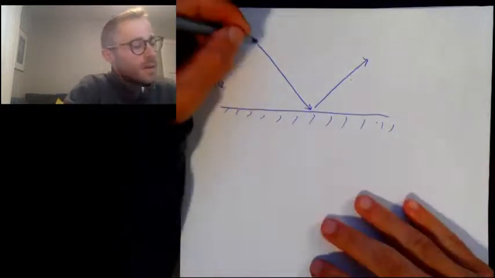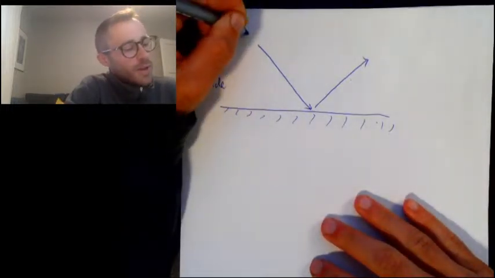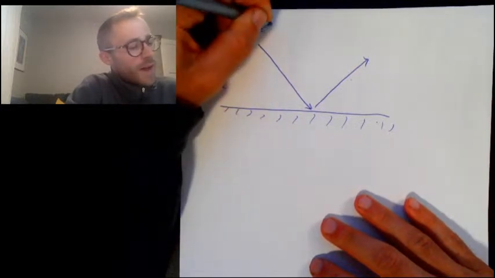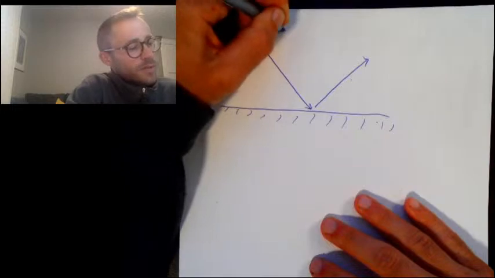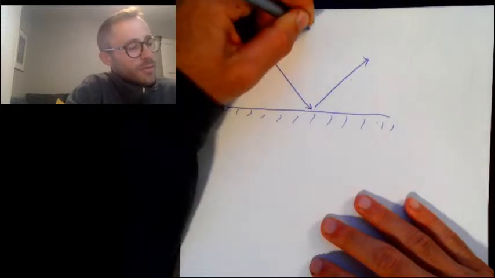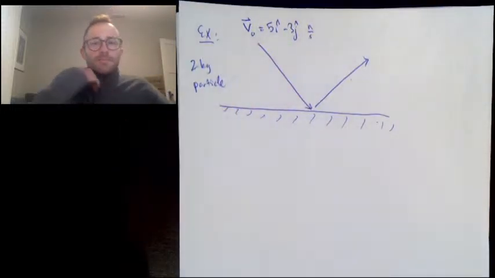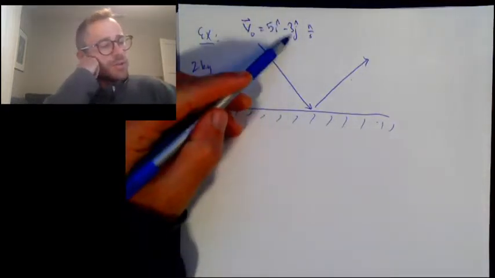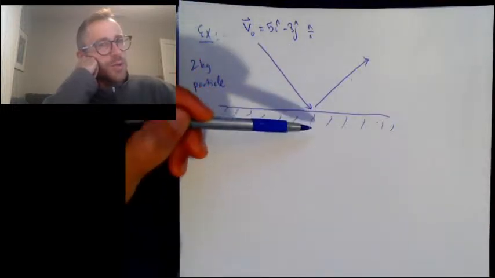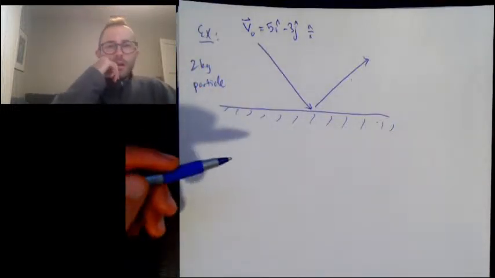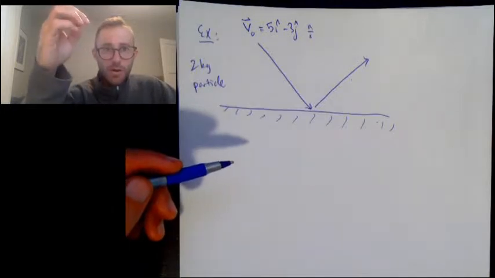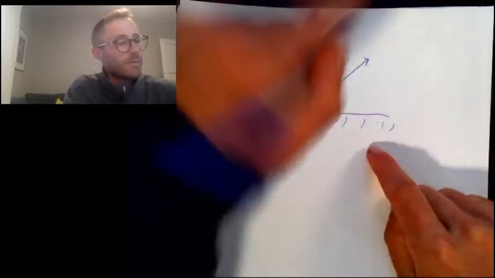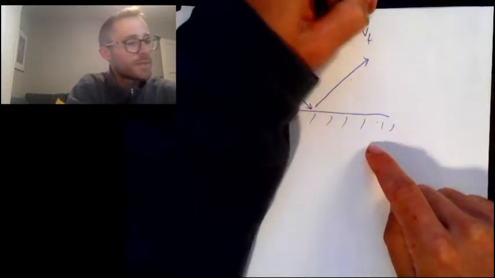The initial velocity of the particle is 5i minus 3j meters per second. So you can see that the j component is negative because it's going down to the wall. Now what's going to happen is when it hits the wall, its velocity is headed upward. So now it's going to have a plus j component.